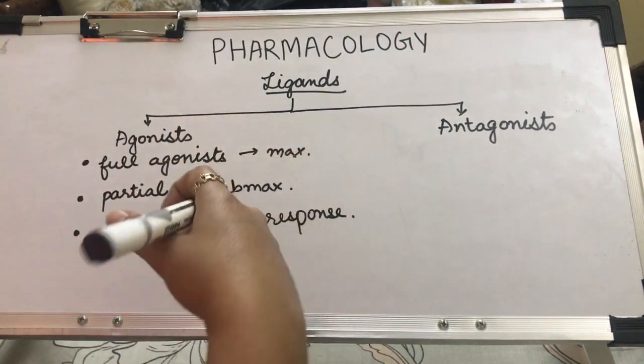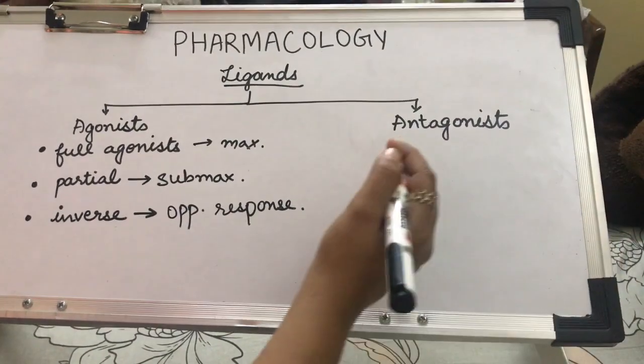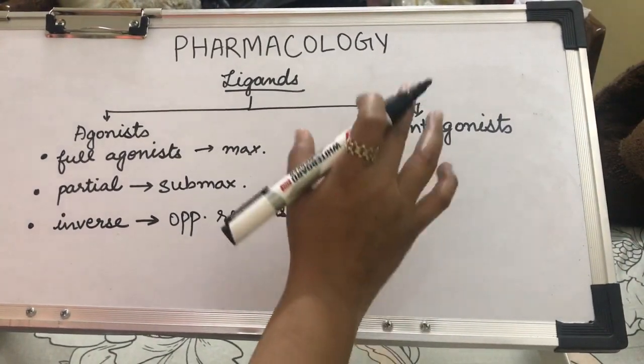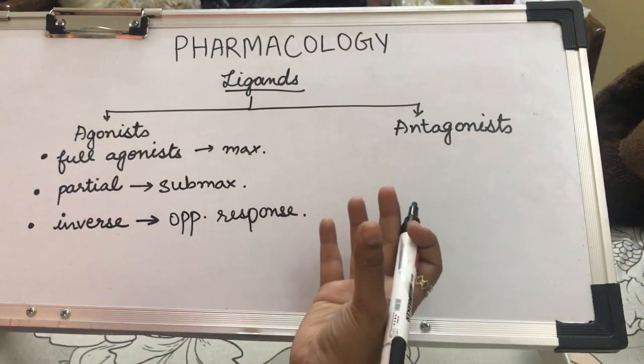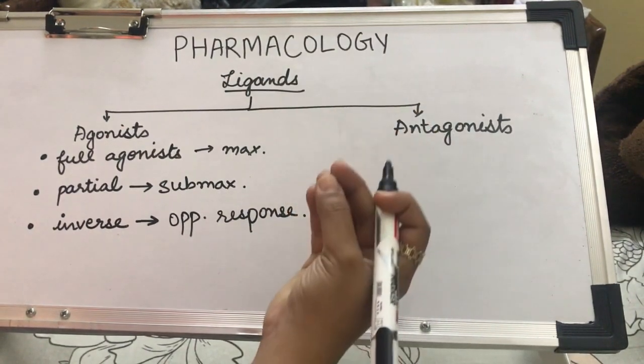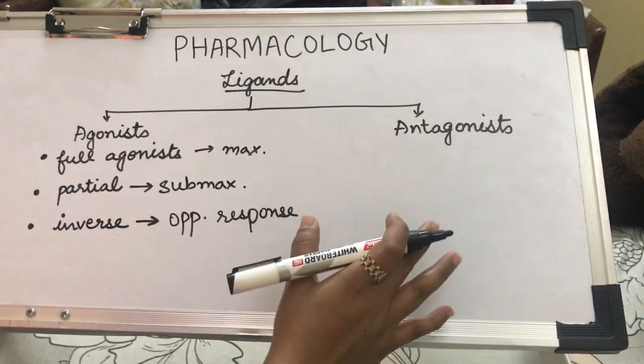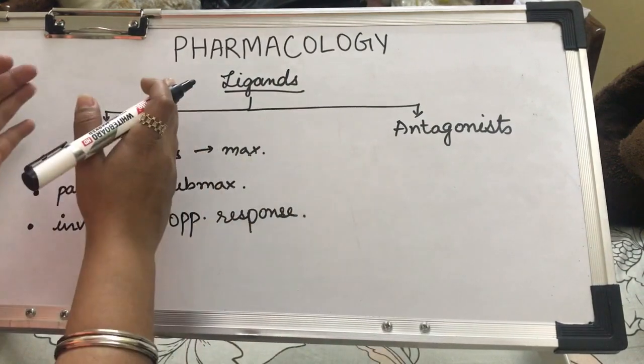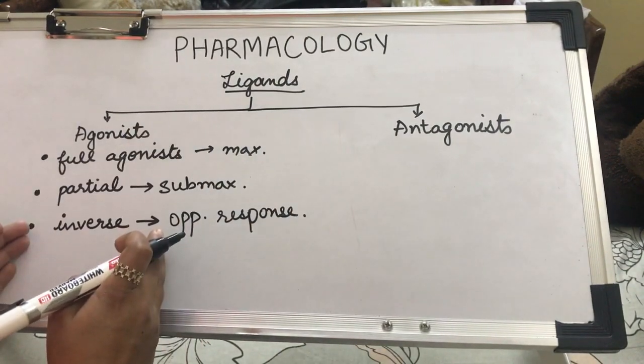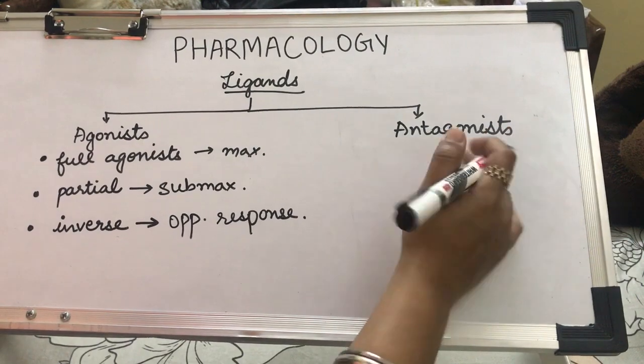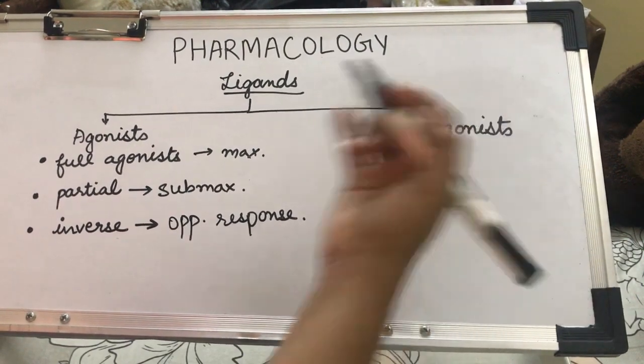Now, what are antagonists? Antagonists are the substances that bind to the receptor and block the activity of the receptor. Agonists were enhancing the activity and antagonists are blocking the activity of the receptor.